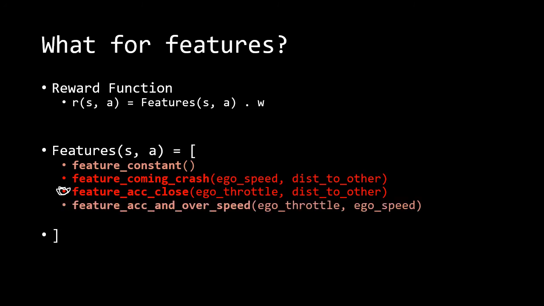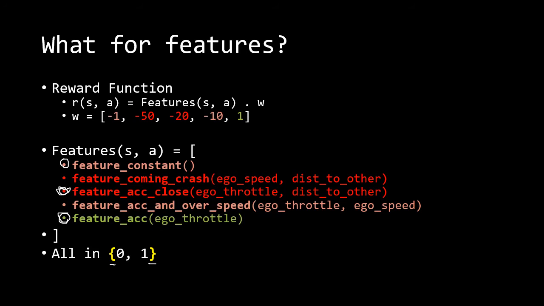Then we had another thing to avoid, which is going over speed limits. And finally, something we want to promote, which is, are we accelerating? I made the choice of having them binary, so either 0 or 1. And then we had this weighting factor. So these 5 elements, you get them as soon as you have an S and an A.